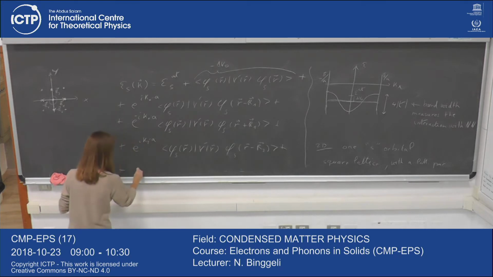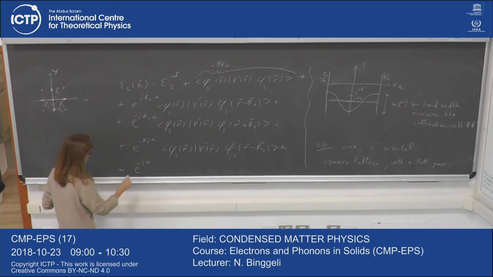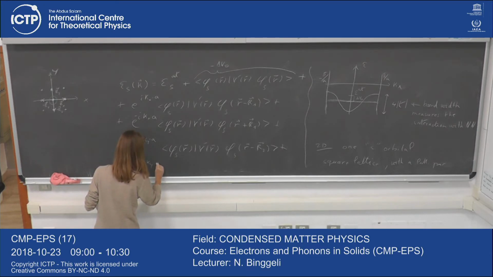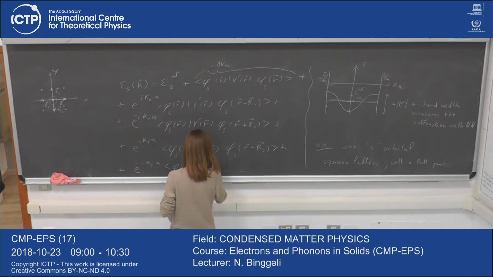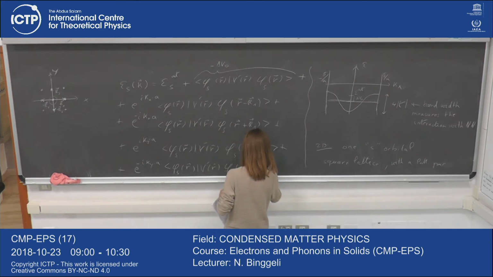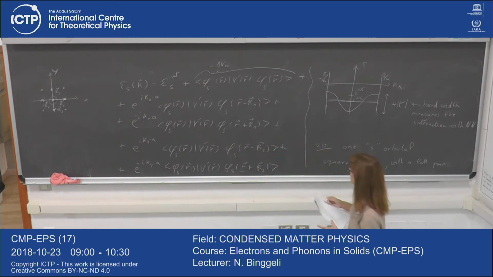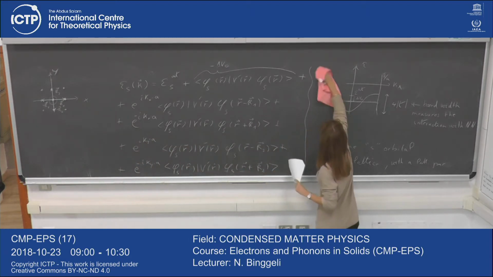Plus, for minus R2, I'm obtaining also a minus in the phase here, exponential minus i ky times A, phi S of R, V prime, phi S of R plus R2. Okay, so these are all the terms I have going up to the first nearest neighbor.